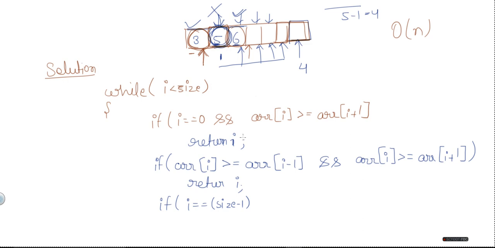So if it is the last element, we again need to consider only one neighbor, that is the previous one, right? So we will test here arr[i] should be greater than or at least equal to arr[i-1]. If i is 4, then the previous index will be 3, right? If this is the case, then again we need to return the i value.